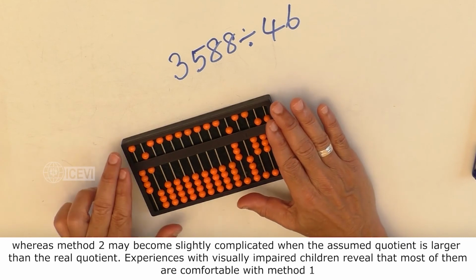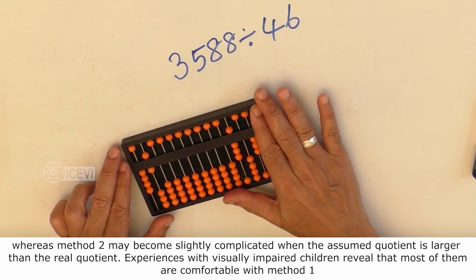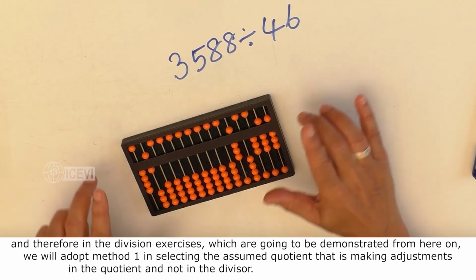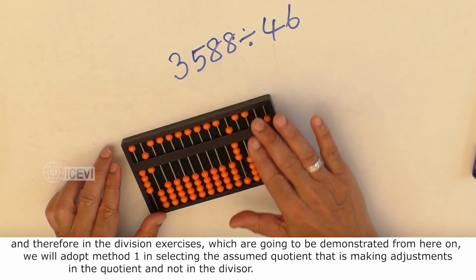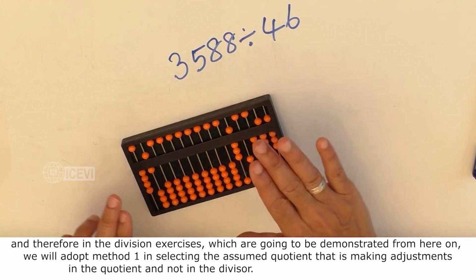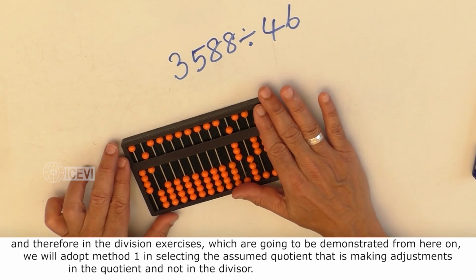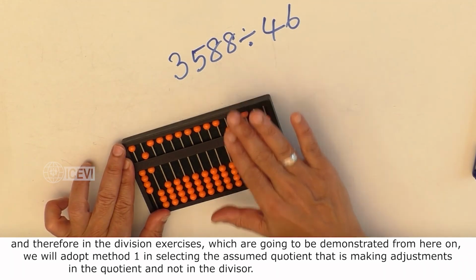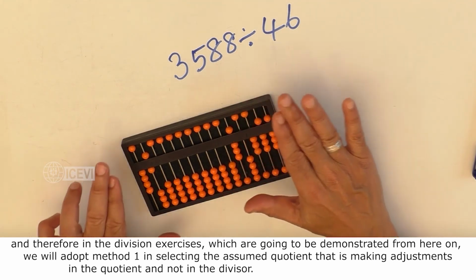Experiences with visually impaired children reveal that most of them are comfortable with method 1, and therefore in the division exercises which are going to be demonstrated from here on, we will adapt method 1 in selecting the assumed quotient, that is, making adjustments in the quotient and not in the divisor.